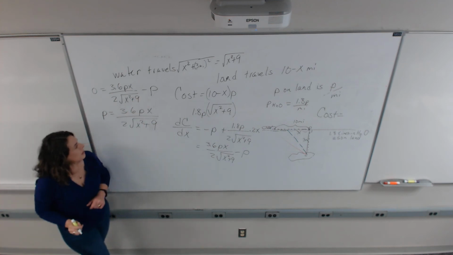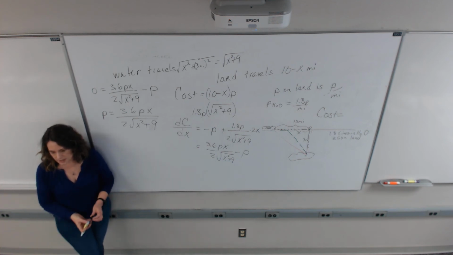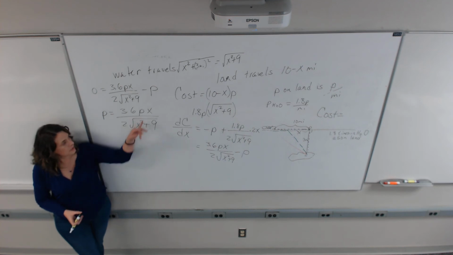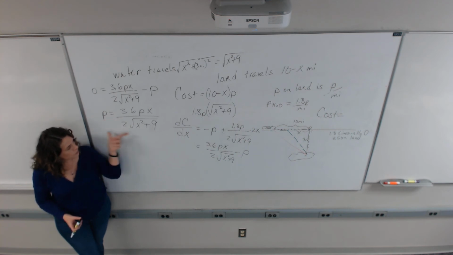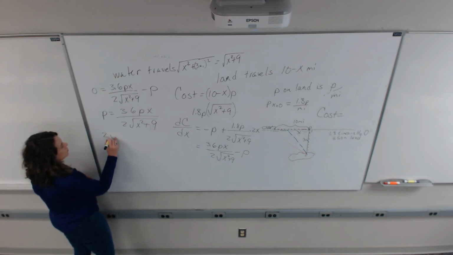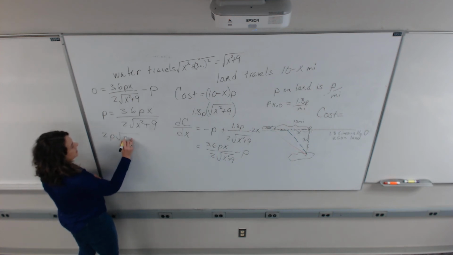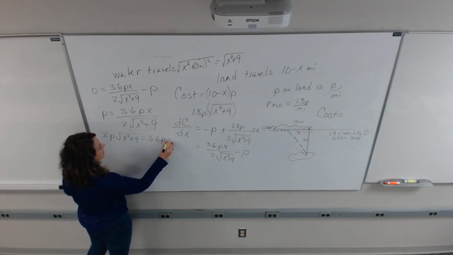Okay. Now what happens to the p? This is why I said you could have set it to be 1, because what happens to it at the next step? Doesn't it cancel? You have a p on each side. I'm going to move the radical over here to the left, so I get 2p square root of x squared plus 9 equals 3.6px.